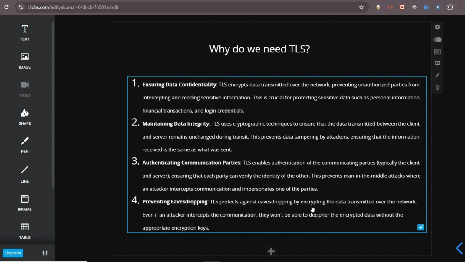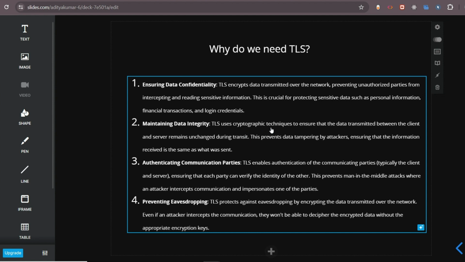As we discussed in the second point, TLS uses cryptographic techniques to encrypt the data sent between the client and the server so that no other person can read it. If a third person is able to intercept the request between the client and the server, they won't be able to read it because it will be in a jumbled format, and only with the correct encryption keys will they be able to decipher that data.